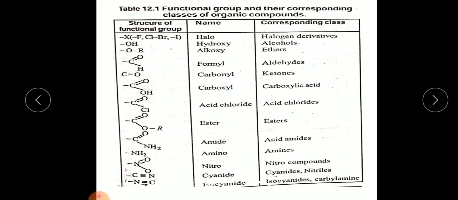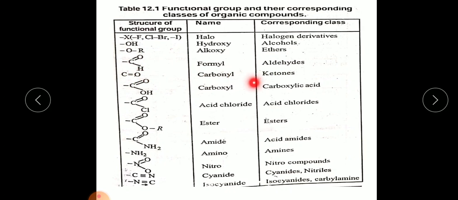Now here we have the list of the different functional groups in tabular form: structure of the functional group, name, and corresponding class. For example, X can be fluorine, chlorine, bromine, or iodine; the name is halo, and the class is halogen derivatives. OH, hydroxy, is alcohol. OR, alkoxy, is ethers. CHO, formyl, is aldehydes.